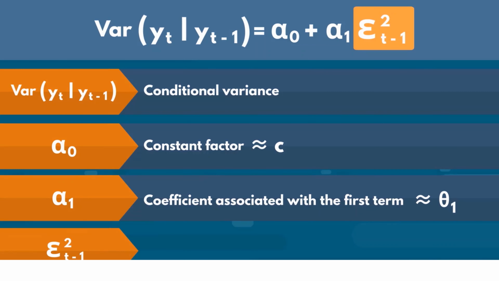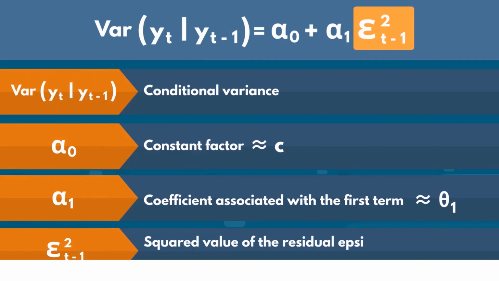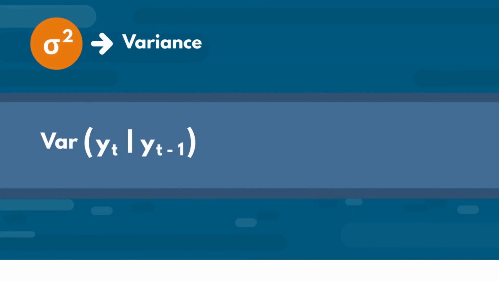The last term is the one we're most interested in. It's the squared value of the residual epsilon for the previous period. Here we see the autoregressive aspect of the model, since we are relying on past values to determine its conditional variance. As you know from statistics, we use sigma squared to express variance. Therefore, we substitute the dependent variable notation with sigma squared t, which of course expresses the variance in period t.